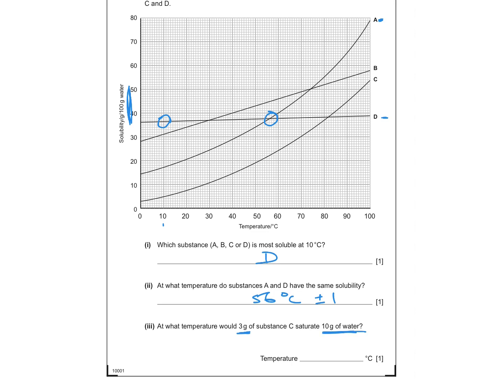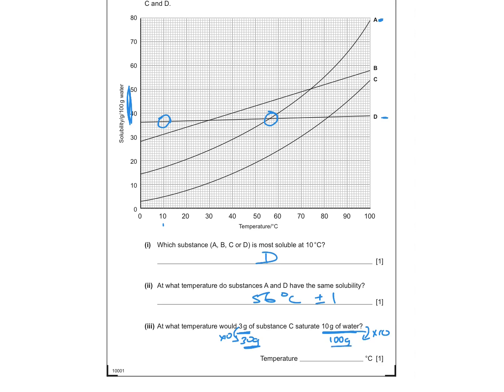Well, at the moment that's no use to us because the graph, as I said, on the y-axis is grams per 100 grams. Well, we can easily convert 10 grams of water to 100 grams of water by multiplying by 10. That means we have to do the same thing to the mass. Multiply that by 10. So look, now we've got it in the units that are present on the graph. We've got 30 grams per 100 grams of water.